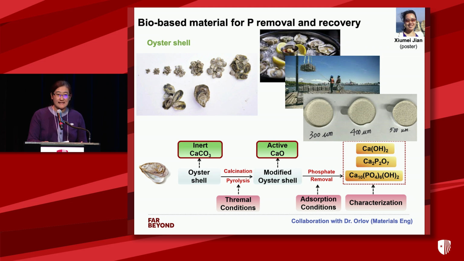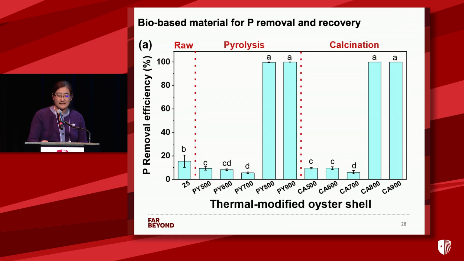So what we did is we applied two different approaches to modify the oyster shell. I'm going to show you the result very quickly. In this figure, you can see with the first bar, the raw oyster shell can remove about 20% of phosphorus from the solution.